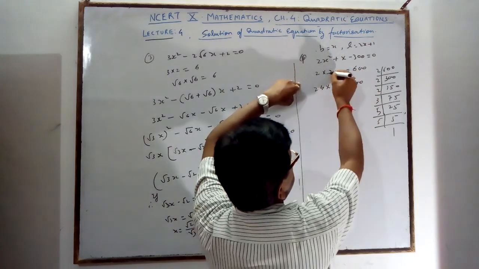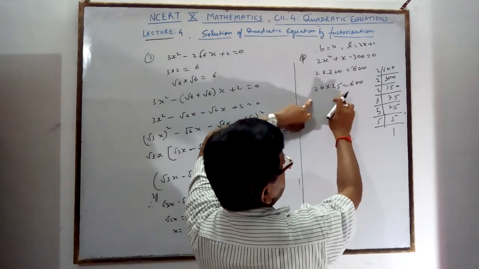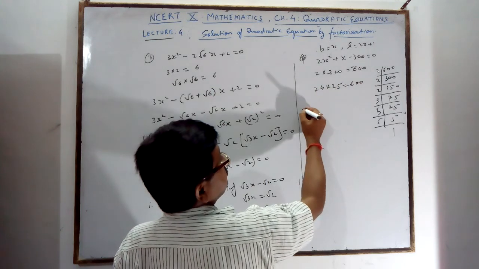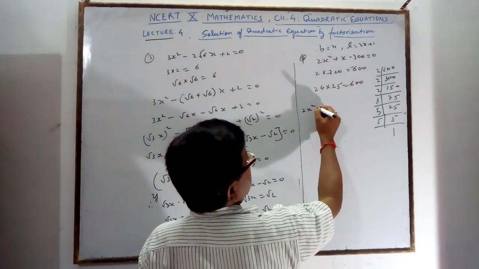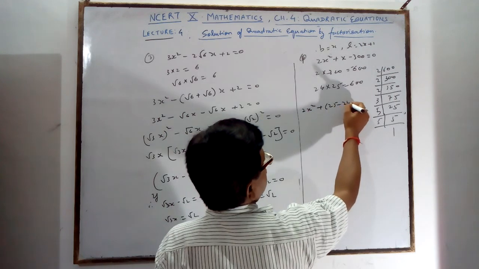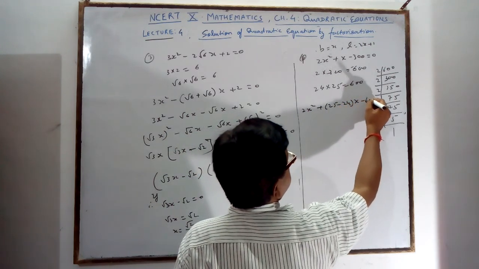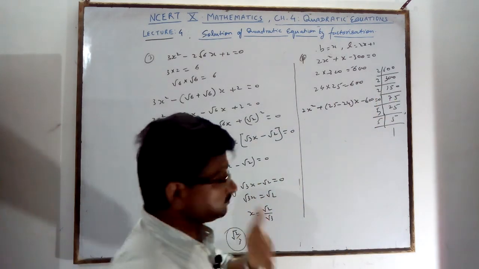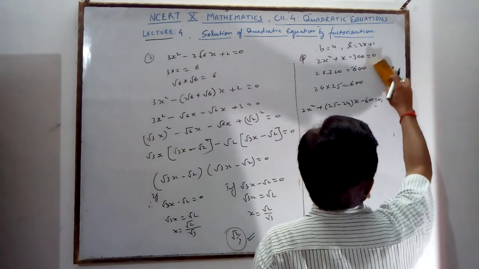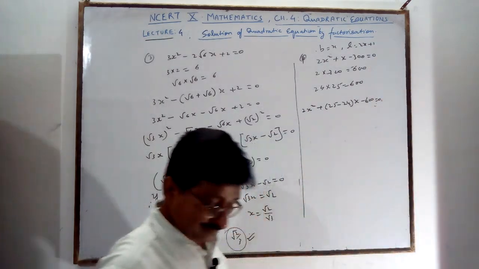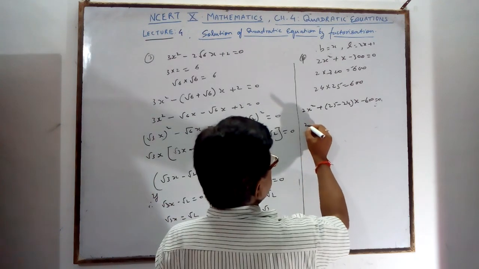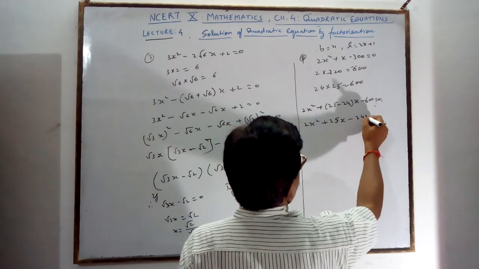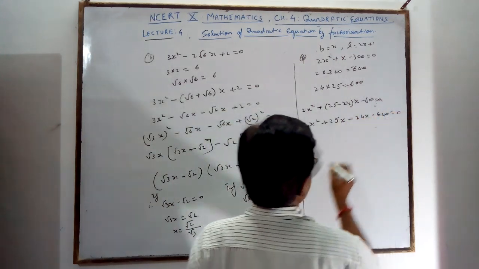But this 600 is negative because of this minus sign. So any one will be negative. So these two will be your factors. So here you will write 2x square plus 25x minus 24x minus 600 is equal to 0.